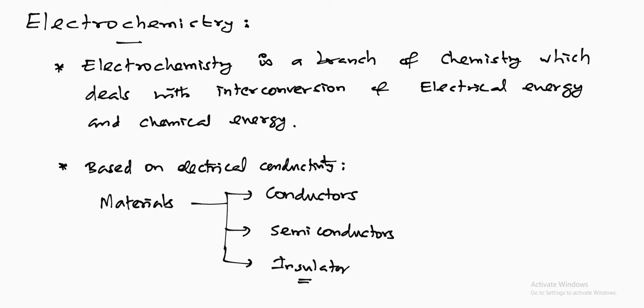But under electrochemistry we are going to focus mainly on conductors. Students, observe carefully. Conductors are materials which allow free passage of electric charges, positive or negative. We divide conductors again into two: one is metallic conductors, and the other is electrolytic conductors.